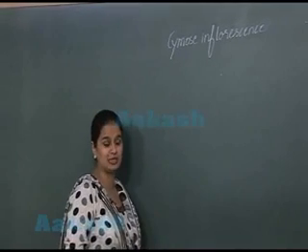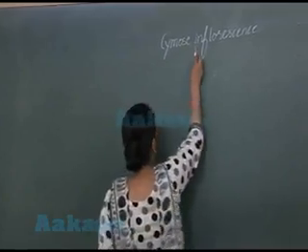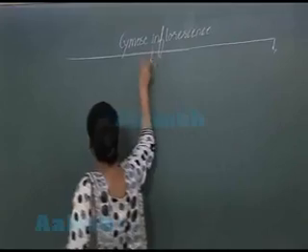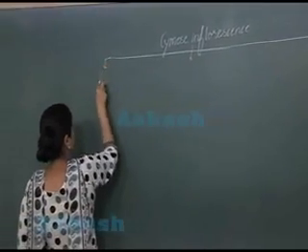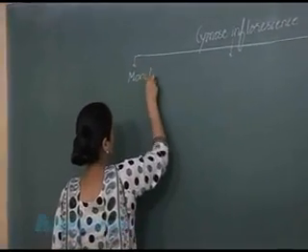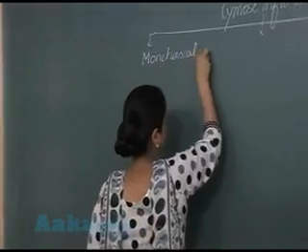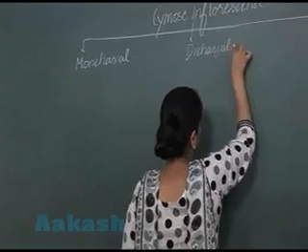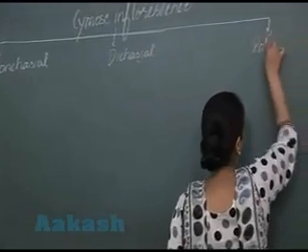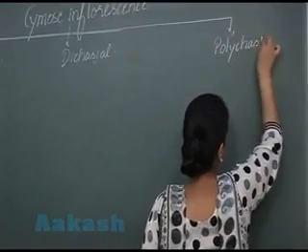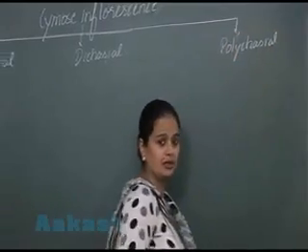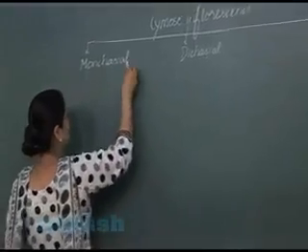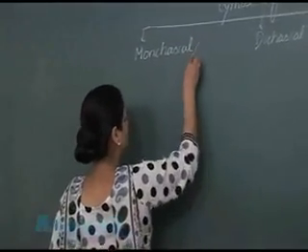So here I will be dealing with the types of cymose inflorescence. The three types I will be dealing with here are monochasial, dichasial, and polychasial. Now let's first start with the monochasial. Now the monochasial inflorescence is also known as uniparous.